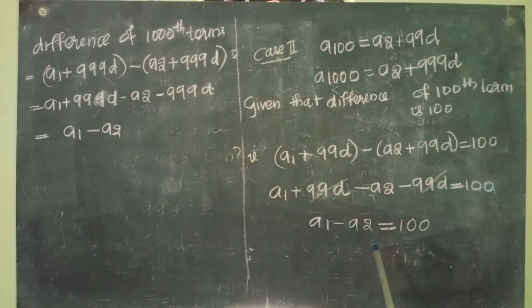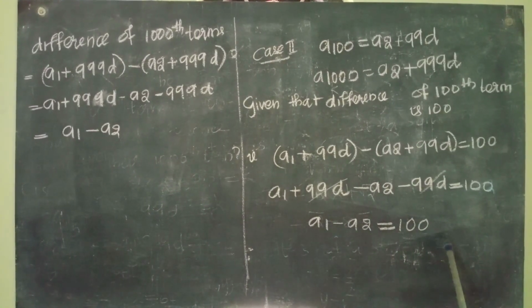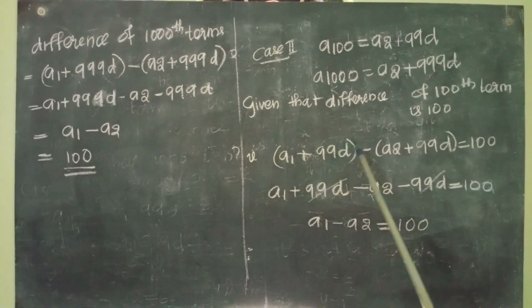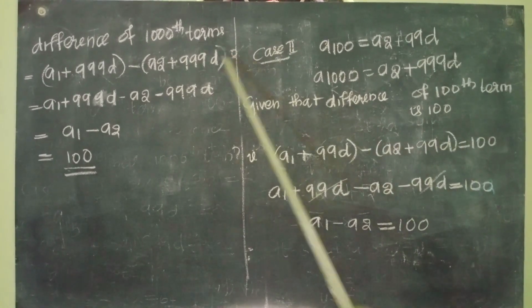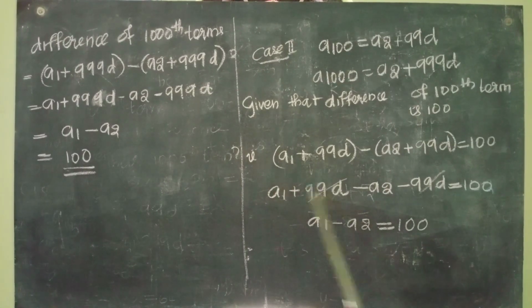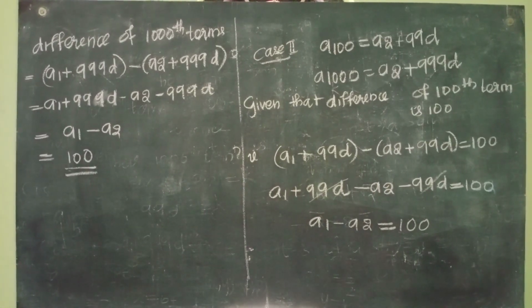And we have proved already A1 minus A2 equal to 100. So this one we can write as 100. So here we found the difference of 100th term, here we found the difference of 1000th term. In both cases we got the difference is 100. So we can conclude if the difference of 100th term is 100, then difference of 1000th term is also 100.